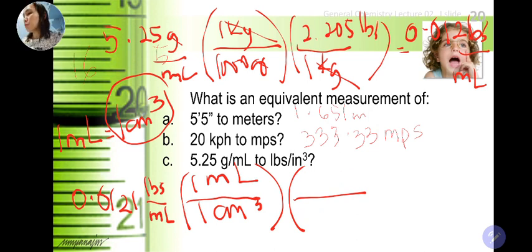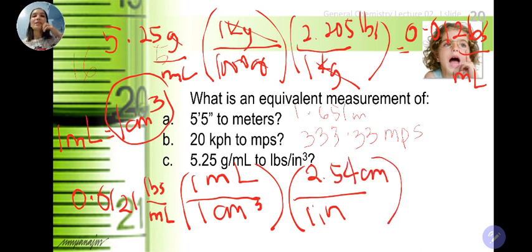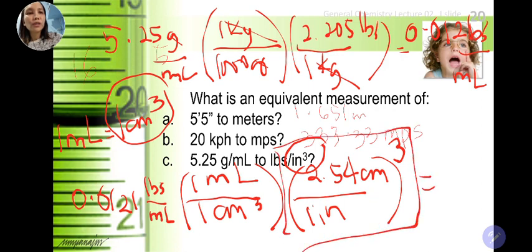Okay. Yung 1 inch is equal to 2.54 centimeter sa conversion factor natin. So, kung mapapansin nyo, ang kailangan kasi natin is inches cubed. That is why we have to cube this equation, itong conversion factor na to. So, para maging cubic centimeter siya and inches cubed siya.